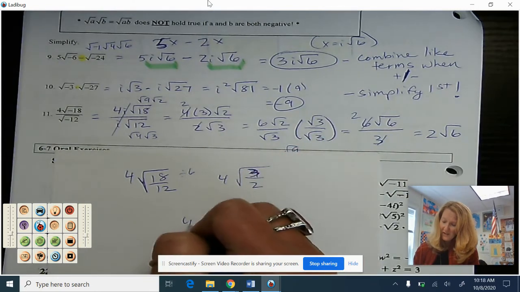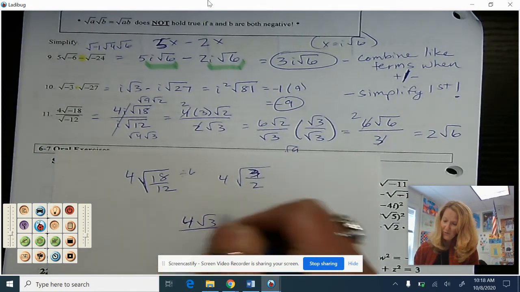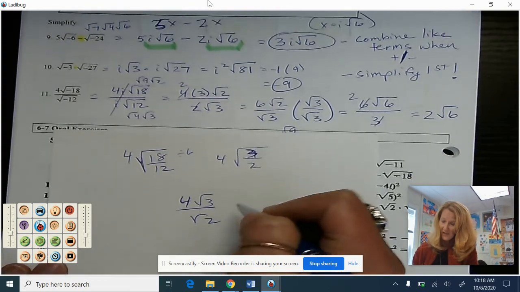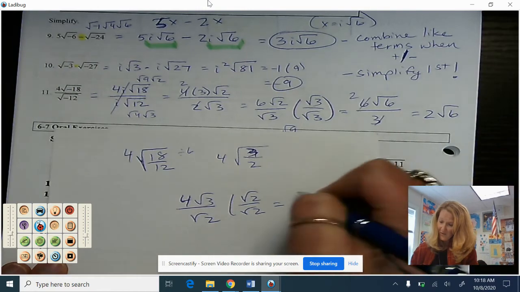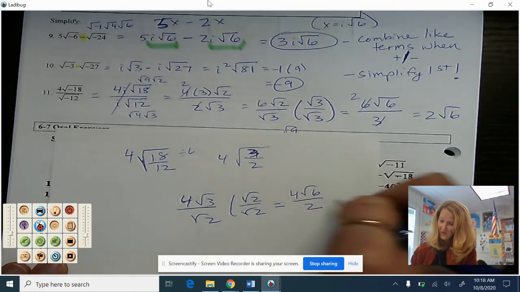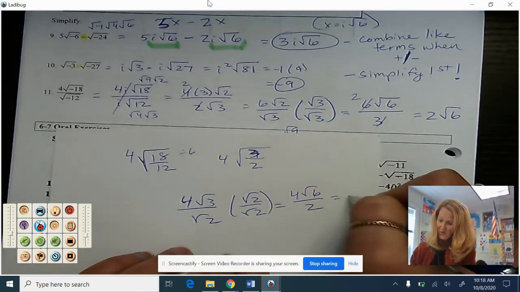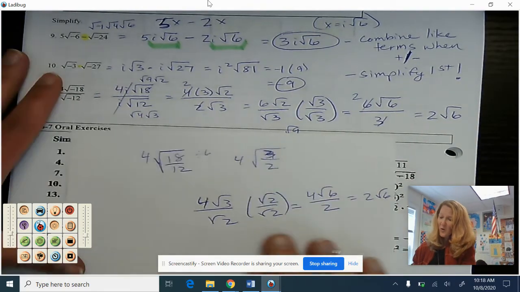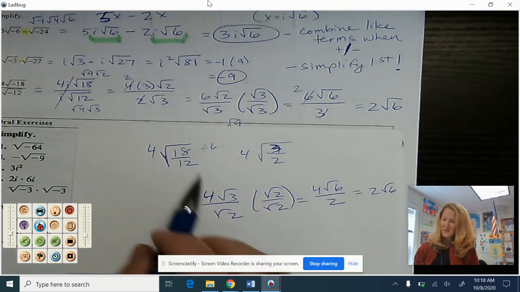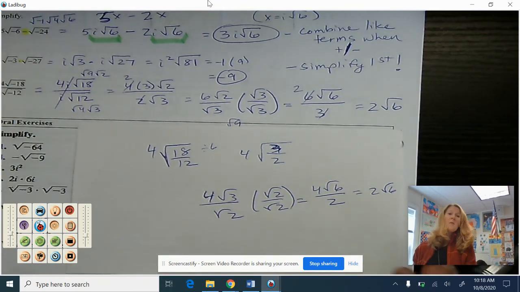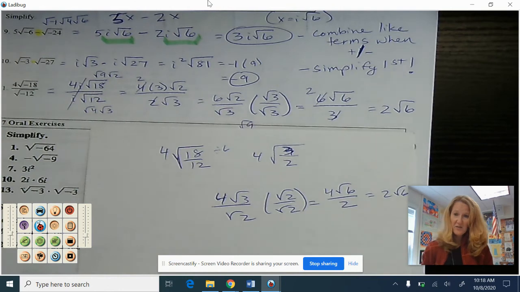And that would have been a little bit quicker because I would have had 4 root 3 over root 2. And I could have rationalized here, and I would have had 4 root 6 over 2. And then that would reduce to 2 root 6. So that's a totally different way that I could have gotten the same answer. This way, I think, is a little quicker. But there's more than one way you can get your answer in questions like this.